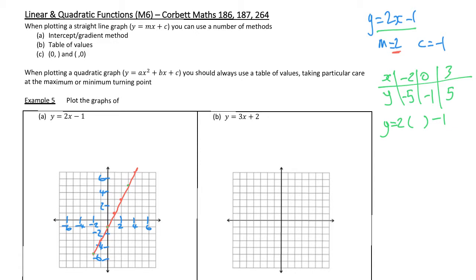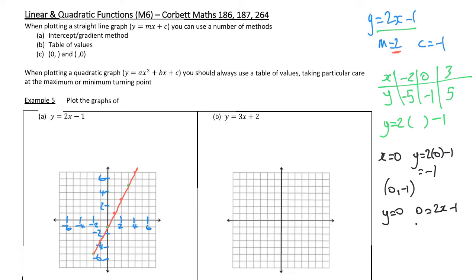And the third method is whenever we've got x equals 0 and y equals 0. So if x equals 0, we've got that y equals 2 times 0 minus 1, which is -1, so we've got the coordinate 0, -1. And then when y is 0, we've got that 0 is going to equal 2x minus 1.